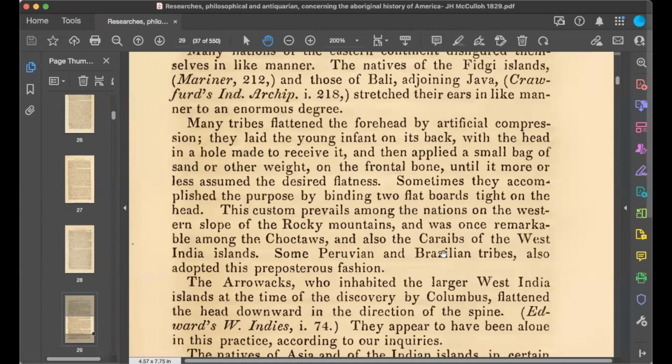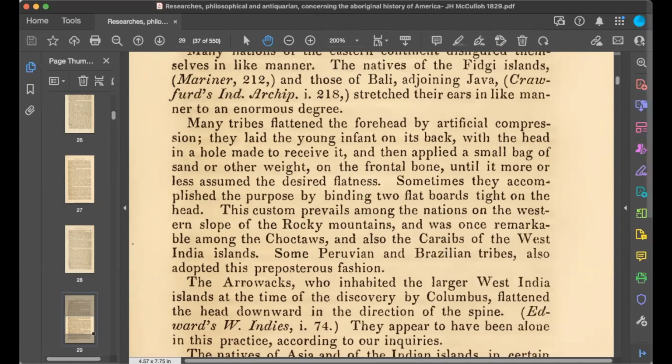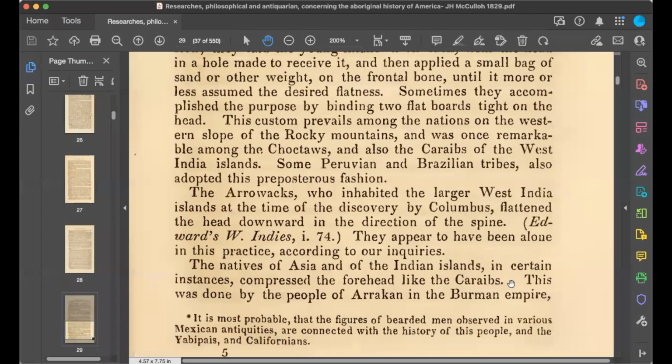This custom prevails among the nations of the western slope of the Rocky Mountains and was once remarkable among the Choctaws and also the Caribs of the West India Islands. Some Peruvian and Brazilian tribes also adopted this preposterous fashion. The Arawaks, who inhabited the larger West India Islands at the time of the discovery by Columbus, flattened the head downward in the direction of the spine.